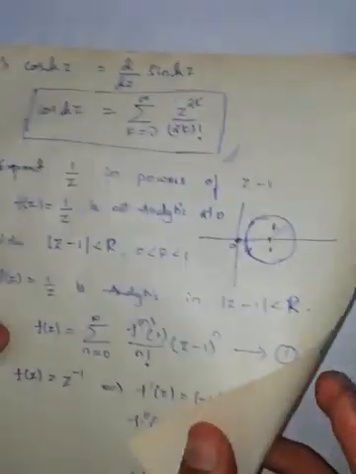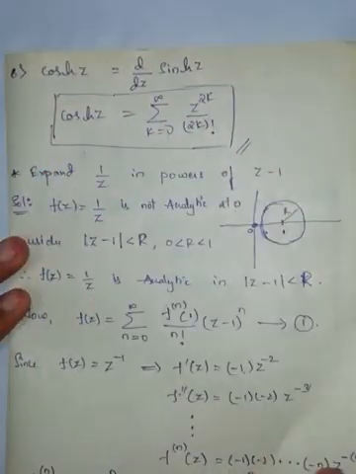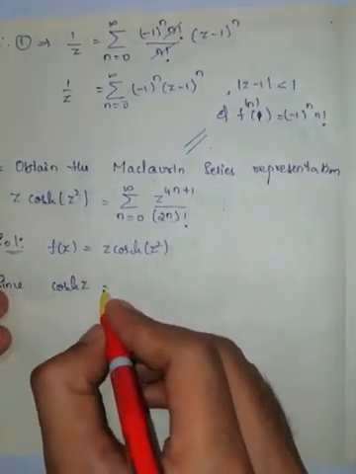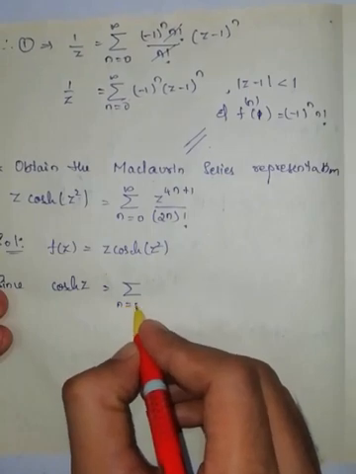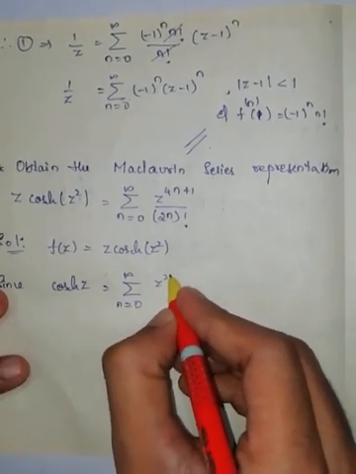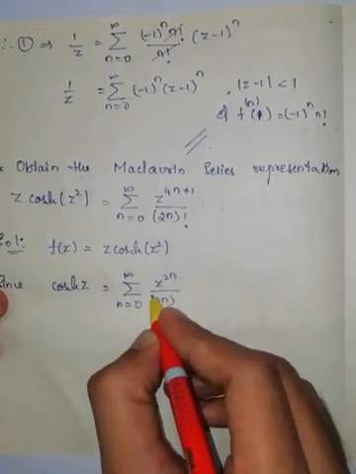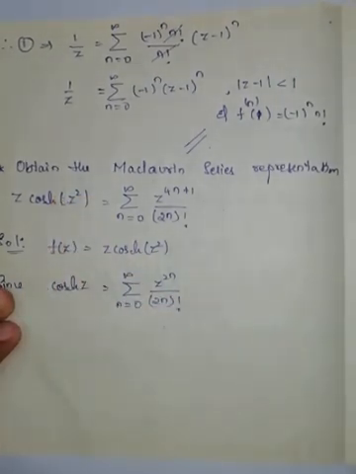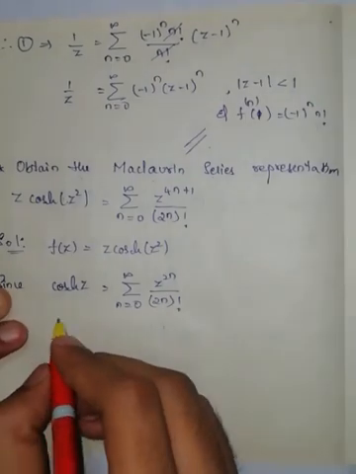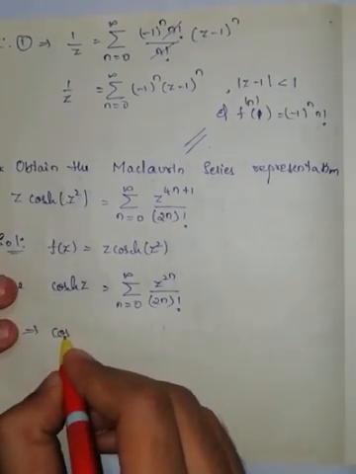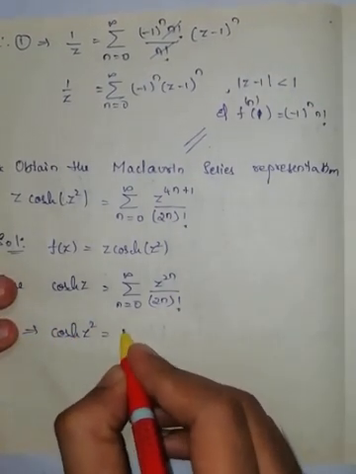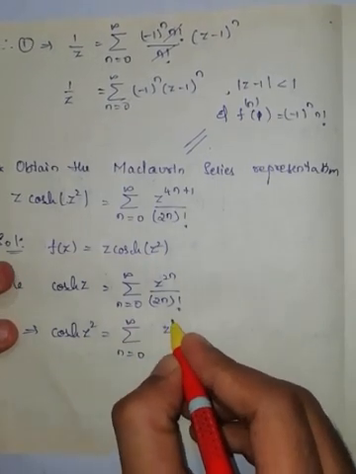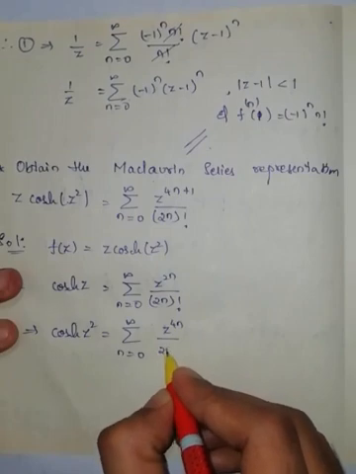The cosh z is this one we have solved, that is summation n is equal to 0 to infinity z to the power of 2n by 2n factorial. But here we want cosh z², so this can be written as cosh z² is equal to summation n is equal to 0 to infinity z to the power of 4n by 2n factorial.